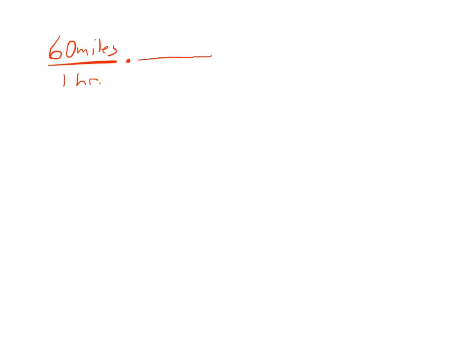So I'm going to cancel out the miles. So I'm going to put miles down here. And kilometers up here. 1.6 kilometers equals 1 mile. And so I can solve this here. The miles cancel out the miles. Denominator will be 1 hour.